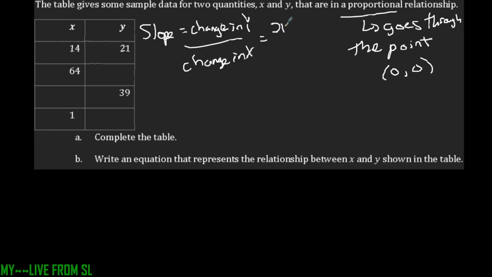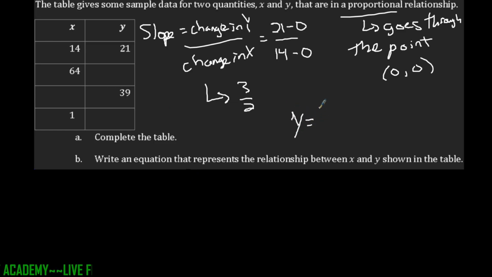So I have 21 minus 0 divided by 14 minus 0, and that's going to be the same thing as 3 over 2. So our slope is going to be 3 over 2, which is helpful because I can come up with the equation y equals 3 over 2 times x. So this is going to be the equation for our relationship.